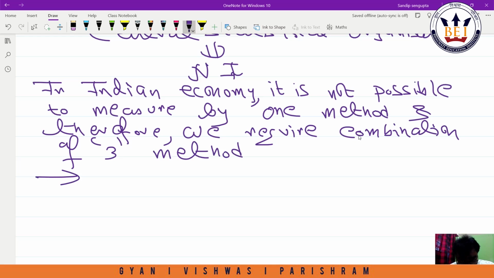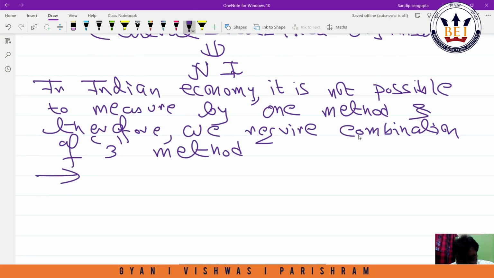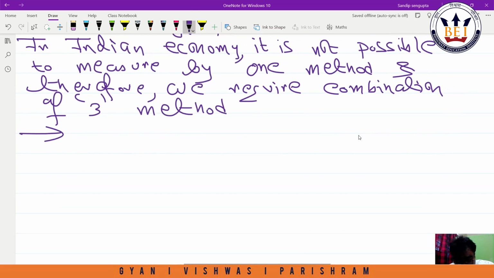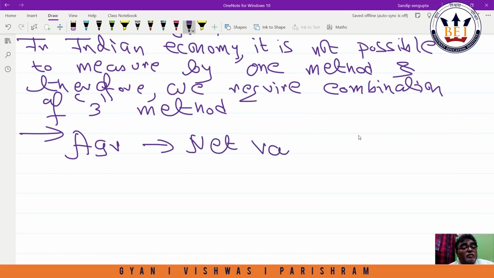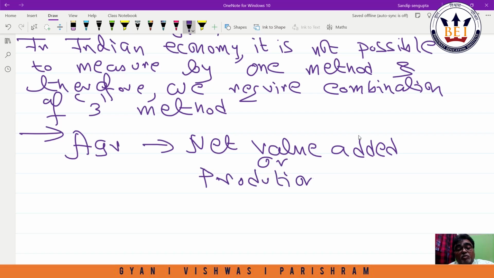Just one example as per your ICA book. I am helping you. Agriculture sector: net value added method, or as everyone knows in English, production method.